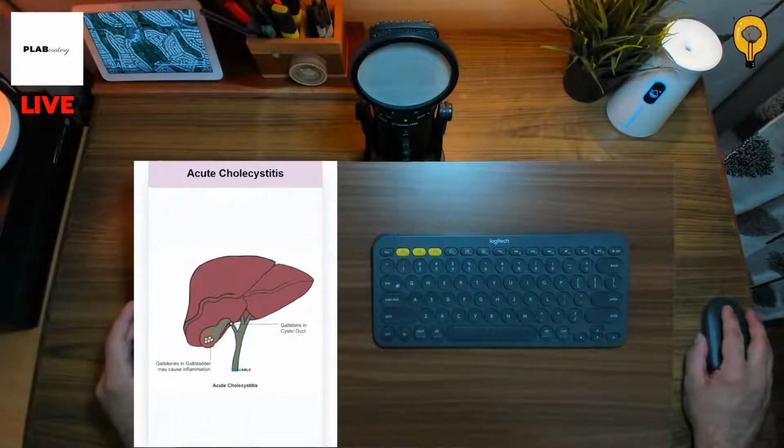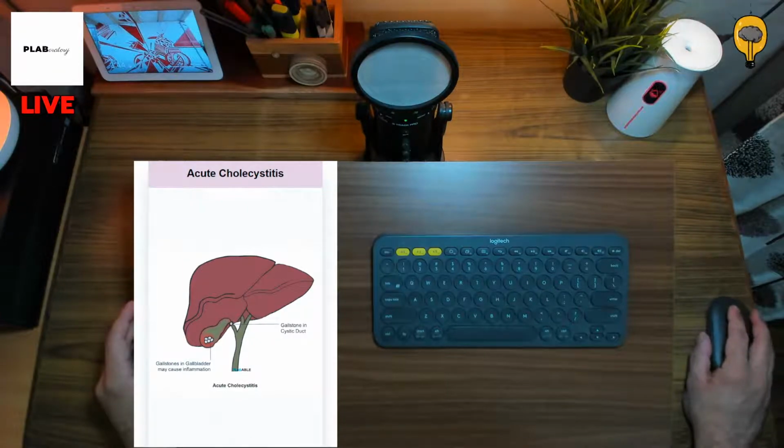Now, here we see gallstone in the gallbladder and gallstone in the cystic duct.